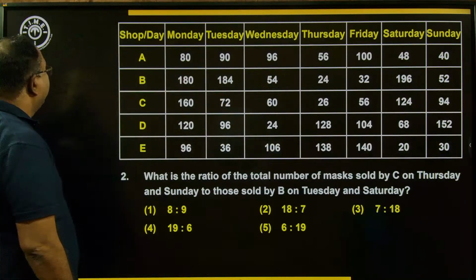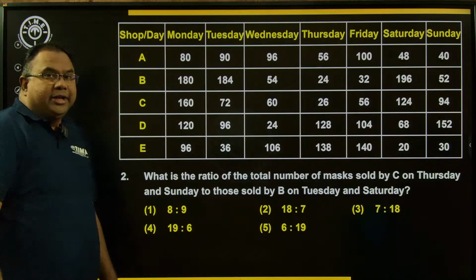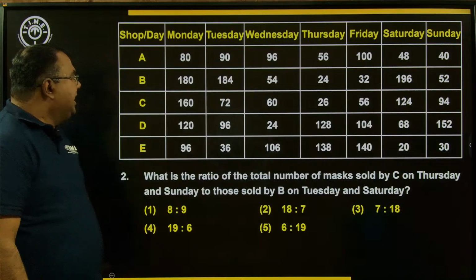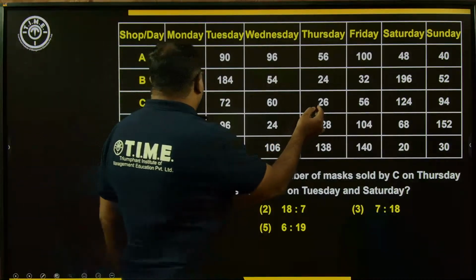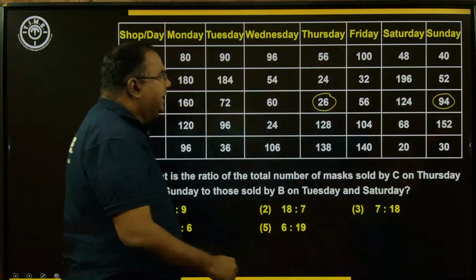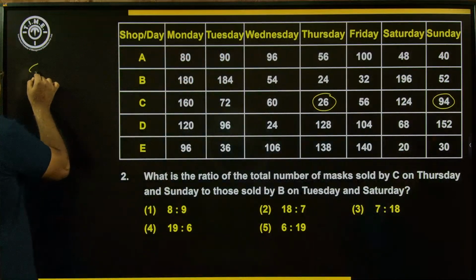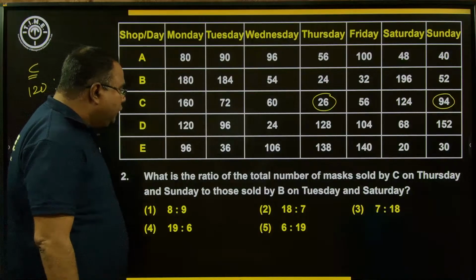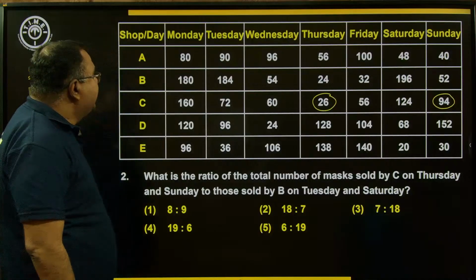Let's move ahead. Question number 2. What is the ratio of total number of masks sold by C on Thursday and Sunday? C, Thursday and Sunday, it is 26. Just be careful while picking the data. On Sunday, 94. So it has to be 120. And those sold by B on Tuesday and Saturday.